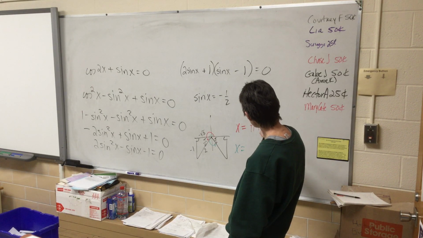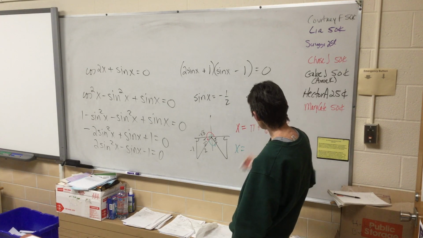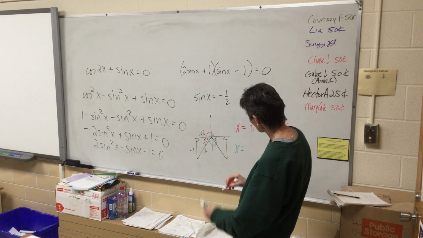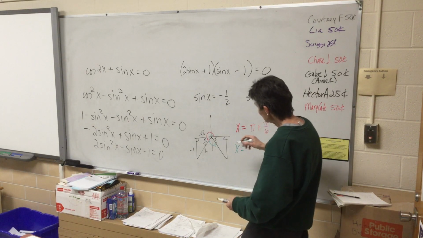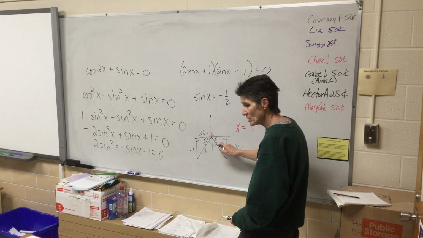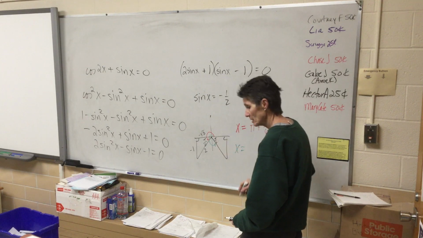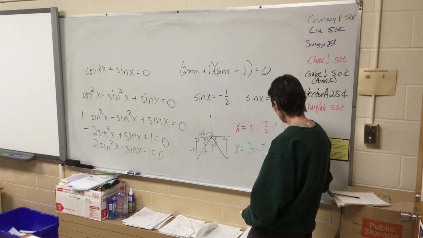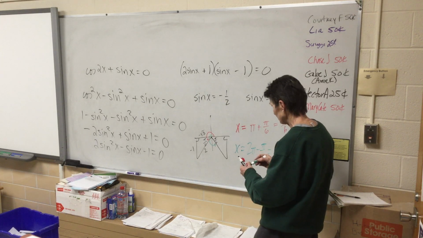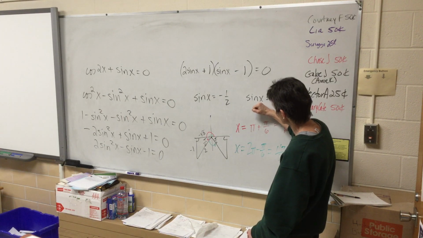Wouldn't that be pi plus pi over 6? Which is 7/6 pi. And then what about the green one? Isn't it all the way around except for the pi over 6 there? So that would be 2 pi minus pi over 6, which is 11 pi over 6. Oh, but don't get excited, we're not done. We still have this part to do.